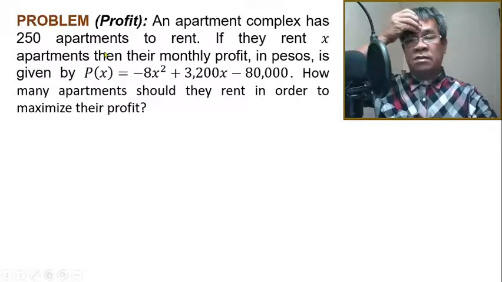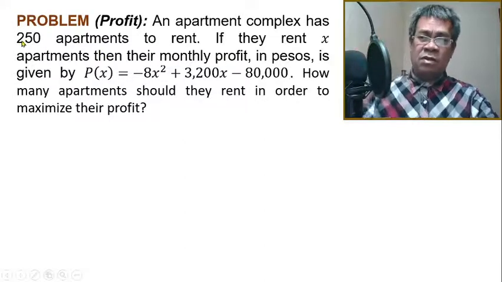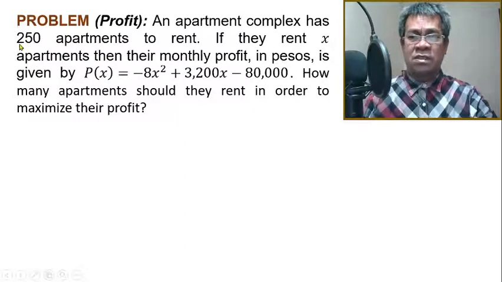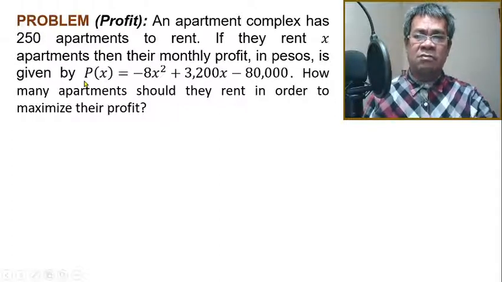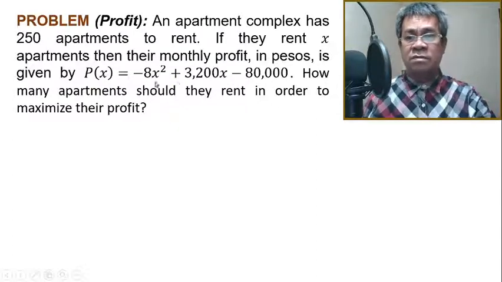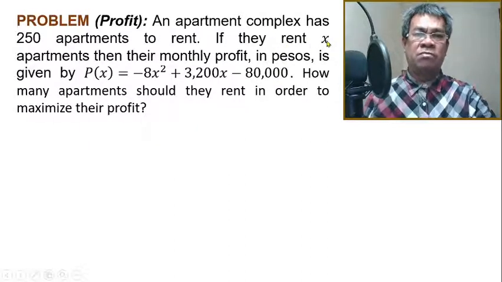Remember that if all apartments were rented, say 250, we cannot expect that to be the maximum profit. Surely it will be lower because this is a curve opening downward. So we are looking for how many apartments should be rented to come up with the maximum profit, and it should be the highest point of the curve.